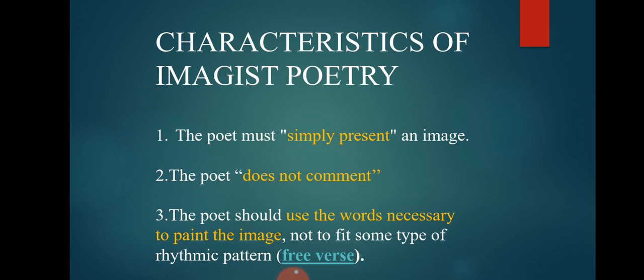That means poetry is not a commentary; it must be sharp and crystallized with reality. And thirdly, the poet should use the words necessary to paint the image, and not to fit some rhythmic pattern. That means the words chosen must not be an adjective strategy to cope with the metrical demands of the work.